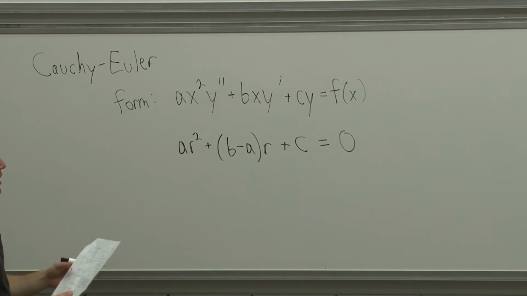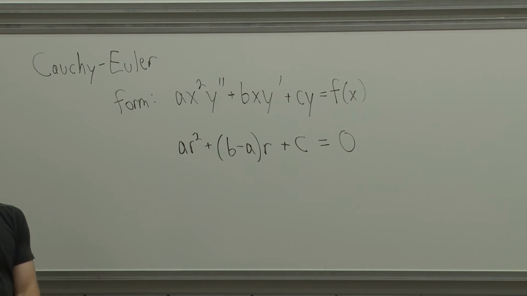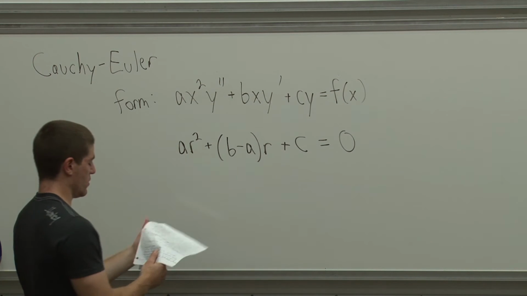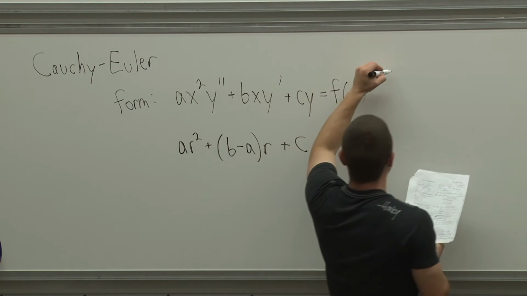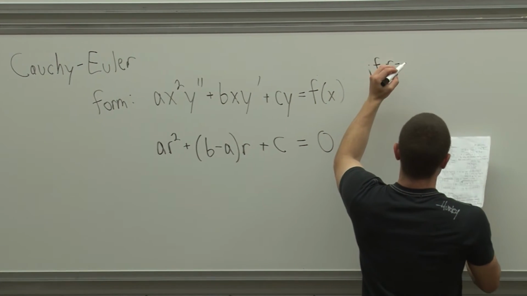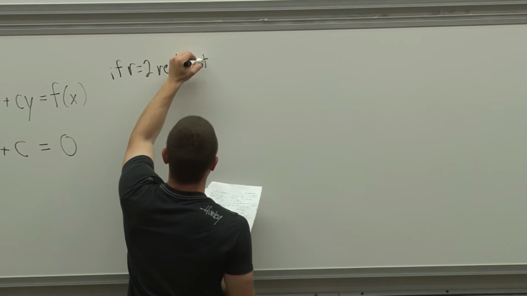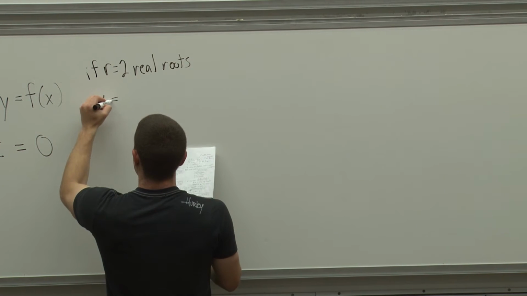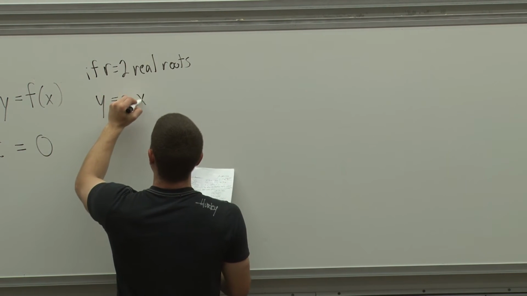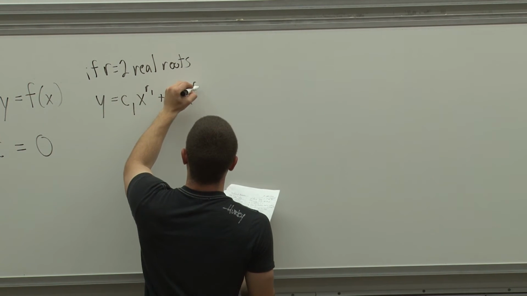Once you solve that, you're going to have 3 different cases, just like for regular homogeneous: two different roots, two identical roots, or two complex roots. If r equals 2 real roots, like -2 and 2, you're going to have y equals c1 x to the r1 plus c2 x to the r2.